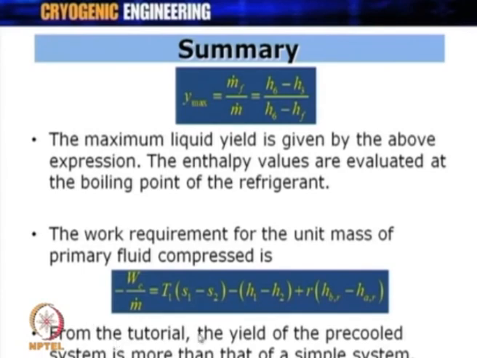And this is what we will do in the next lecture, to understand the effect of various parameters, in terms of how much refrigerant should flow through, what should be its pressure, what the value of R should be, so that we justify the usage of the pre-cooling circuit over the simple Linde-Hampson cycle. Thank you very much.